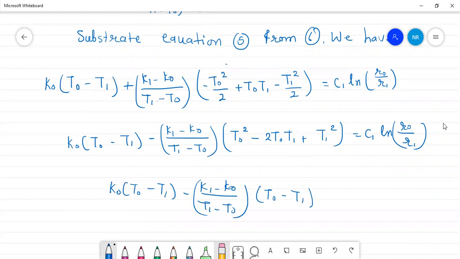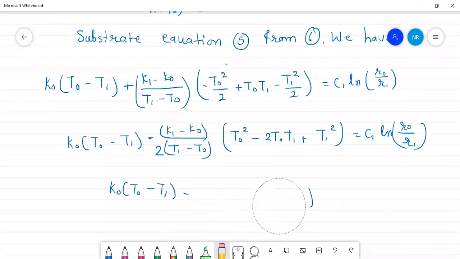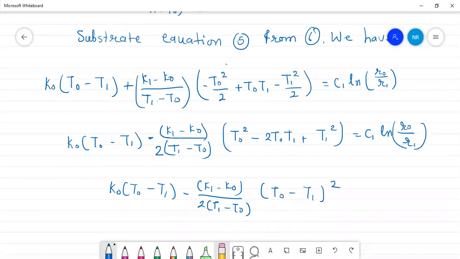Here it's a mistake, let me do it like this: K1 minus K0 divided by 2, T1 minus T0, T0 minus T1 square is equal to C1.